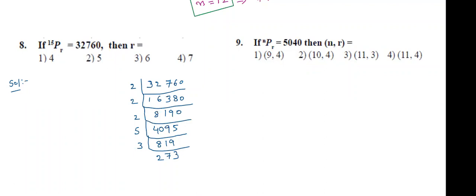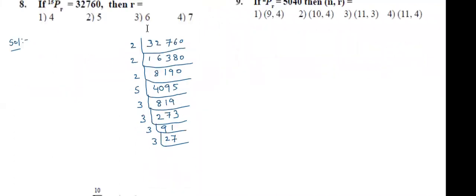Next, again 3: 3 nines are 27, 3 ones are 3. This is 1365, and next 3. 3 sevens are 21, 91.